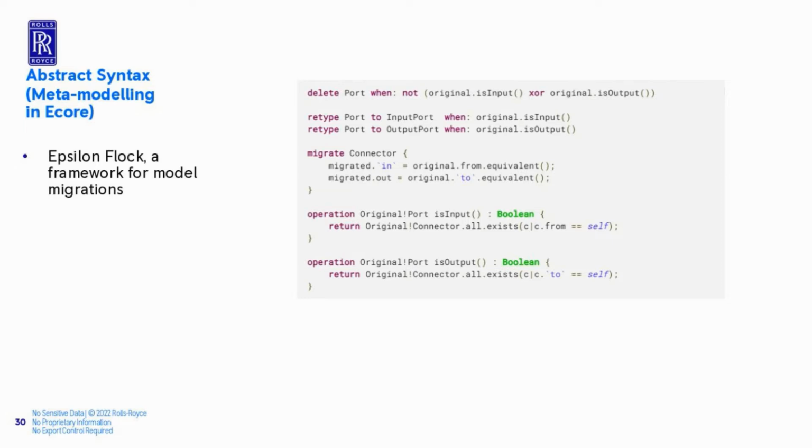Basically, port was too generic, and they needed to change port into an inport and an outport. So as you can see, the script will automatically migrate any model conforming to the original meta model into the new meta model. So this allows you to write logic to create or modify the model elements during the migration. And we found that very useful while we were evolving our meta model.